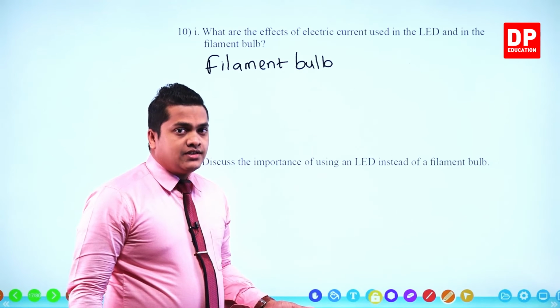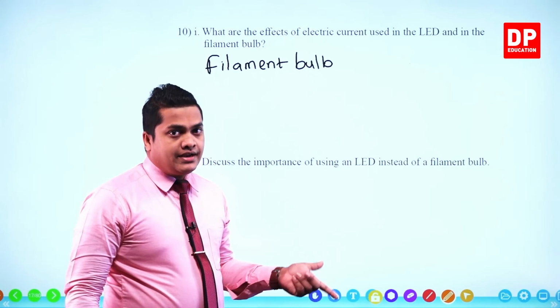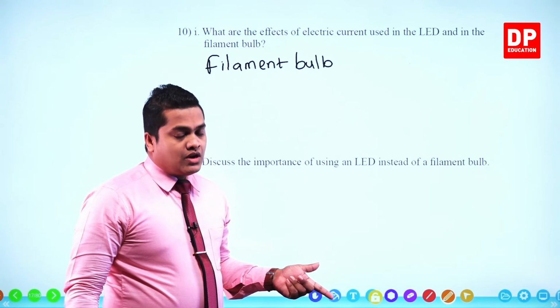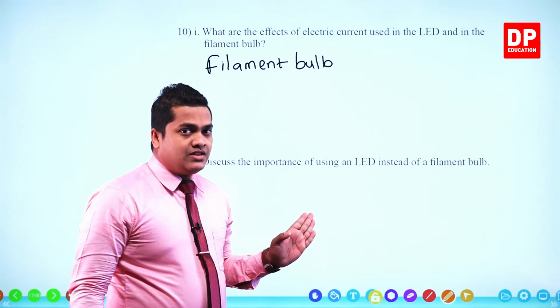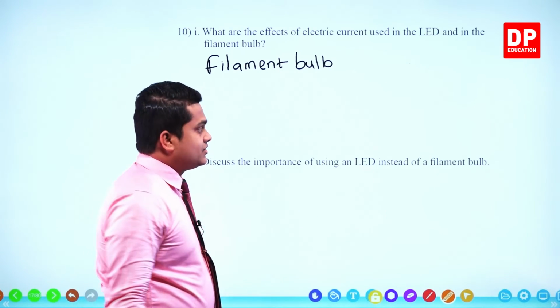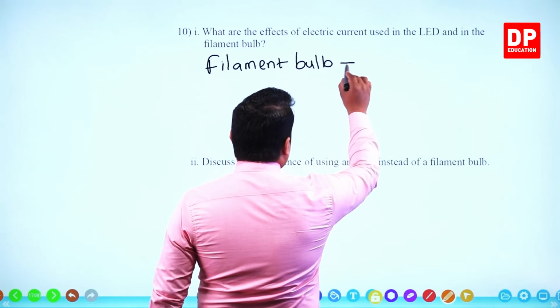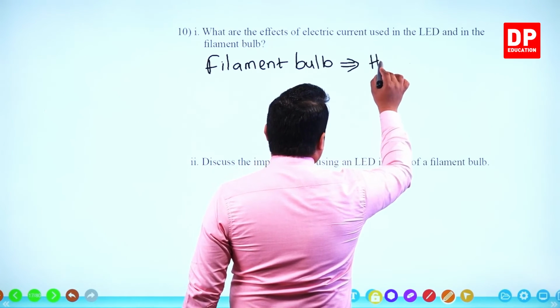Upon getting heat energy, it's getting heated up to extreme temperature to emit light energy. So light energy is not the main type of energy conversion which happens inside a filament bulb, but it is the heat energy. So in a filament bulb, the main effect given is the heat effect.